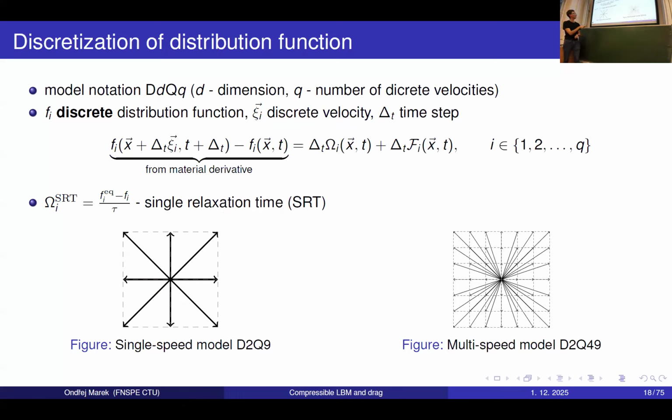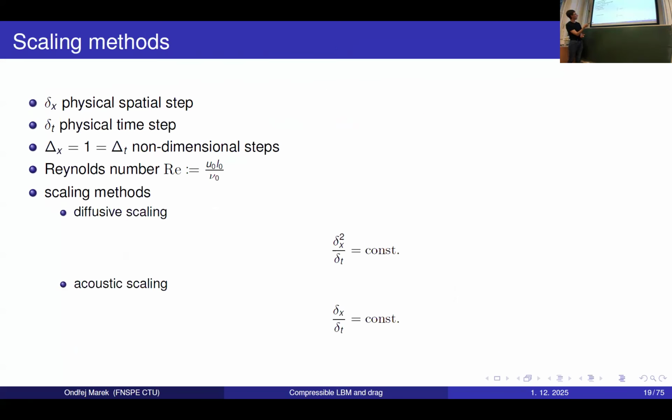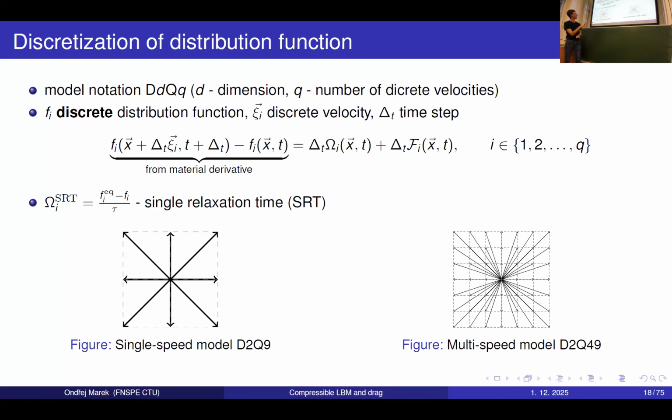And the change is basically given by the form that comes from the material derivative. Each distribution function changes. This is the argument, the value at the right hand side, and it moves according to its microscopic velocity. So maybe it's a little bit further.